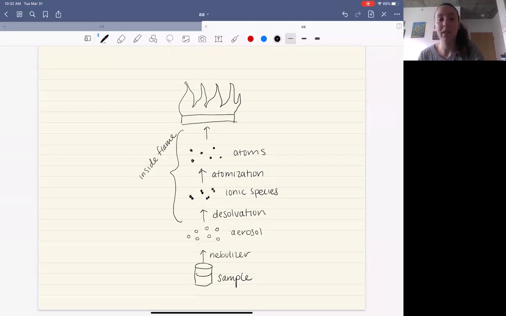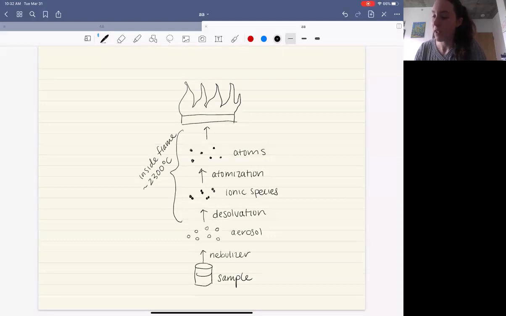In the AA instrument that we use in this lab, we're using an acetylene air mixture to fuel that flame, and that creates a flame of roughly 2300 degrees Celsius. Now we have our sample atomized in that flame, and what we're going to do is send light through our sample, and those atoms, if hit with light of the appropriate energy, will absorb the light.